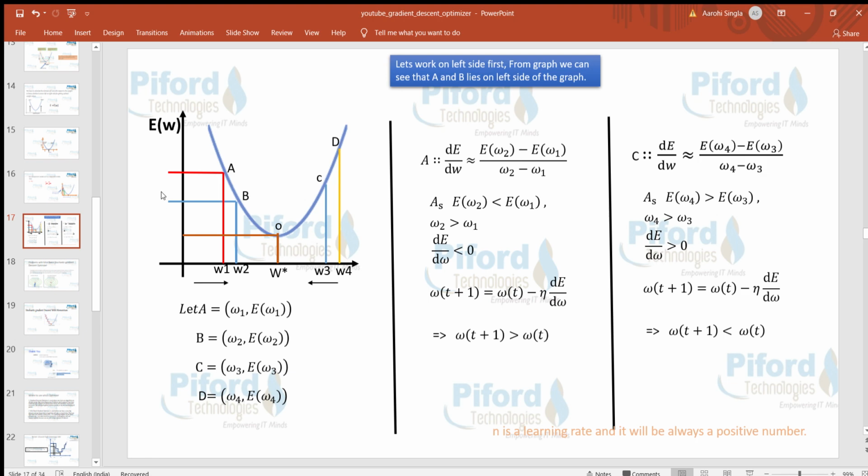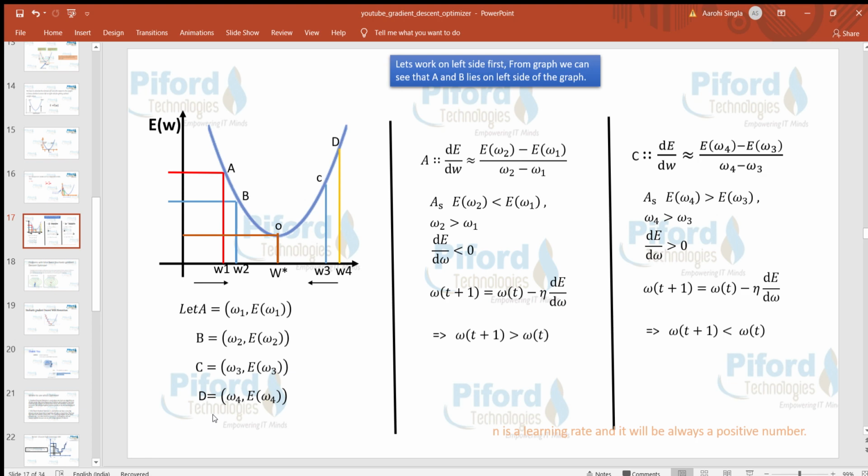The coordinates associated with B are W2, the weight associated with B, and error at W2, which is the error at point B. In the same way, we have weights and their associated errors at those particular points, right?